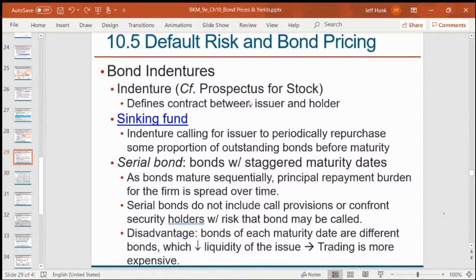Something similar to the indenture in stock is called a prospectus, right? So the indenture defines the contract between the issuer and the holder, and sometimes there will be a sinking fund clause in the indenture.